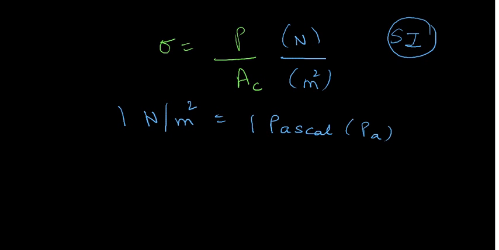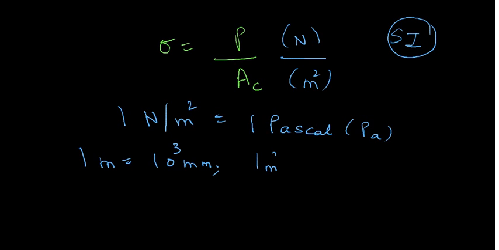Now we don't normally use meters or SI units in engineering. We normally use metric units in terms of length. So if I want to use metric units, I would like to use millimeters. So 1 meter is equal to 10 to power 3 millimeters. But I'm not using meters, I'm using meter square, so I would like to square it.